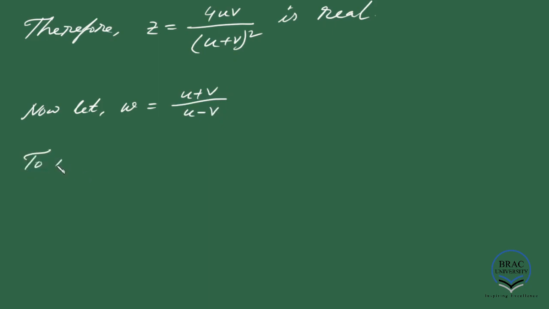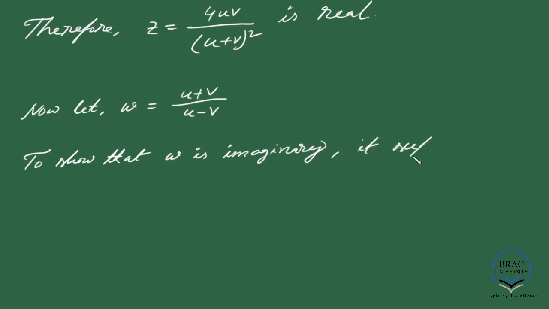Now, according to our understanding of the properties of complex numbers, to show that w is imaginary, it suffices to show that the conjugate of w spits out a negative sign, so it becomes negative w.